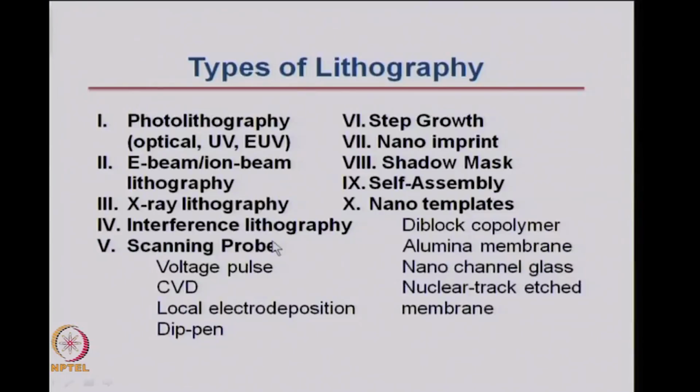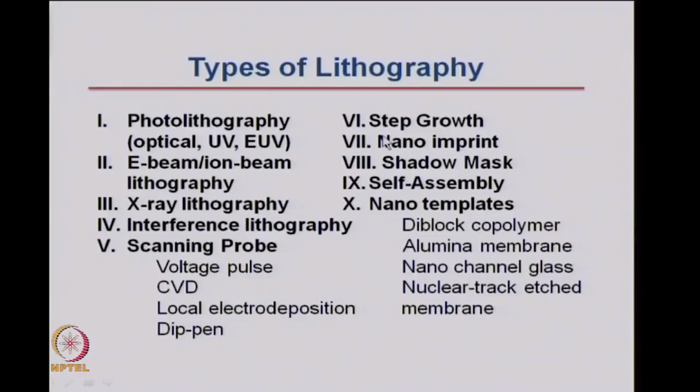Then you have scanning probe techniques, which have several variations: the voltage pulse technique, the CVD technique, the local electrodeposition technique, and the dip pen technique. These are all scanning probe techniques, like scanning probe microscopy. Here you are using the scanning probe to make patterns or designs on the substrate.